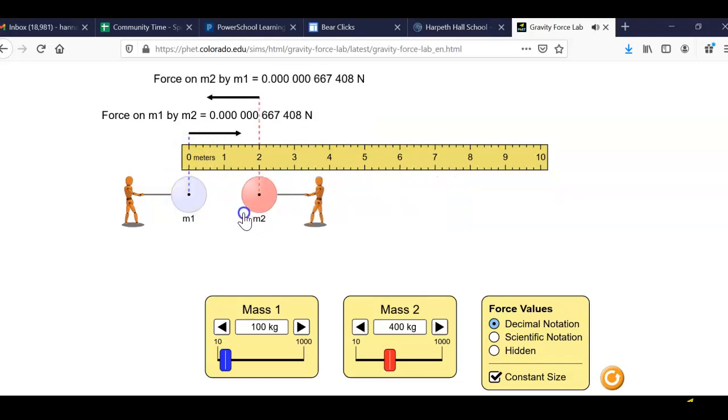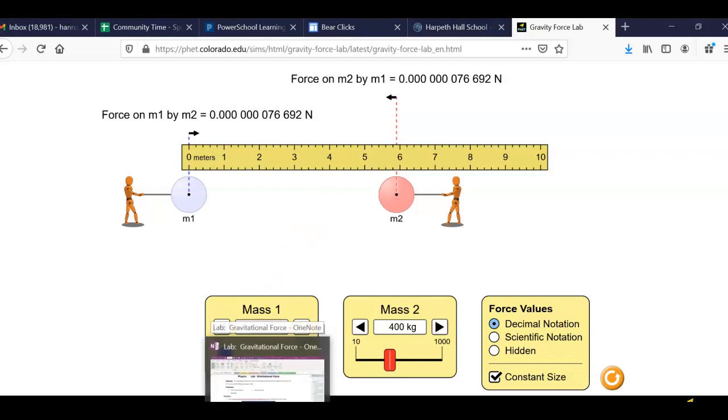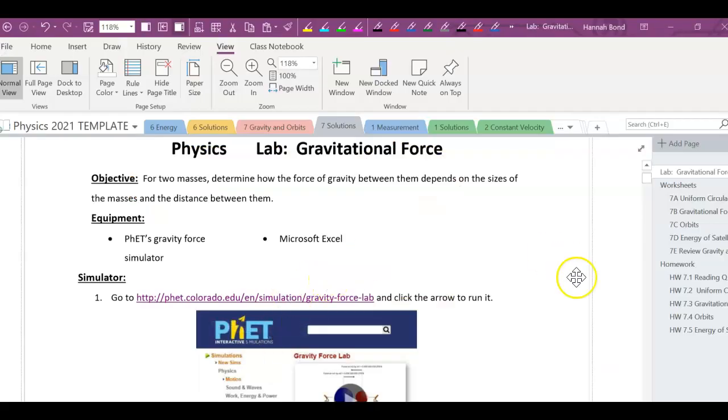Now, when I move the red sphere, I can read directly off of this meter stick where that red sphere is. So I can tell the distance between the center of the spheres. Okay, so we have it set up, and now let's go look at some of the qualitative observations that we want to look at.